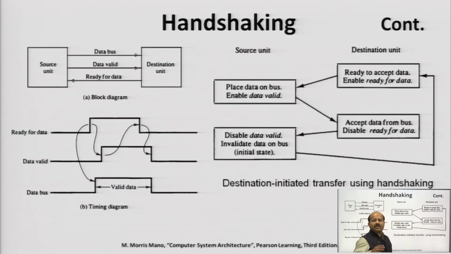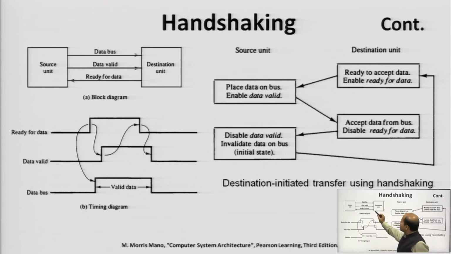Now, in case of destination initiation, the request signal will be issued first by the destination, requesting for the data. So, in this case the destination unit will first generate the signal that is ready for data. The destination unit is requesting for the data.